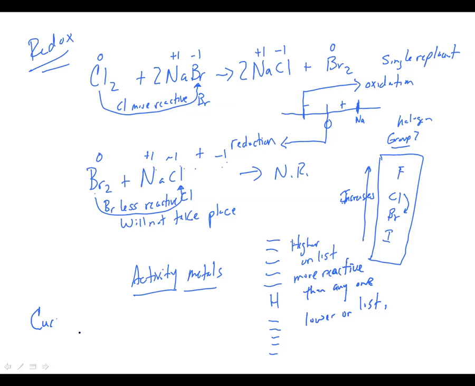So not all of these reactions will occur. There is, again, this sort of activity series that is sometimes used to help you decide if these reactions will take place or not.